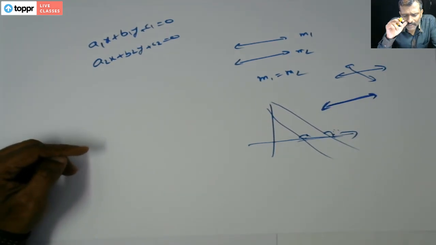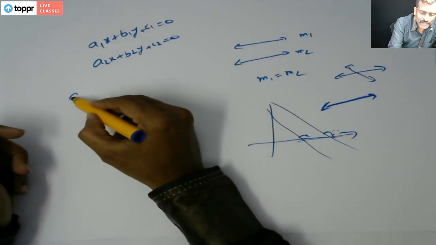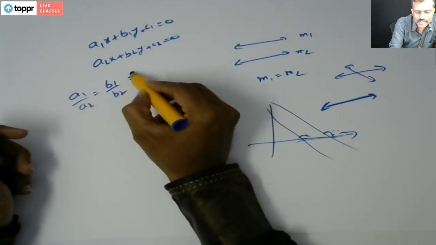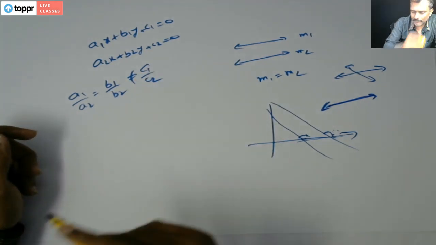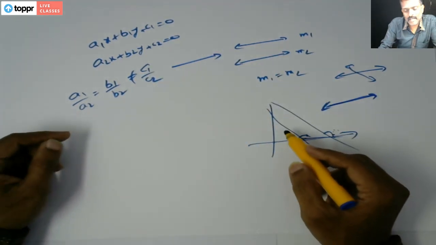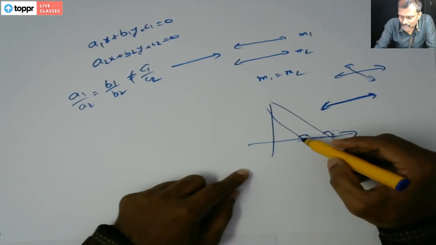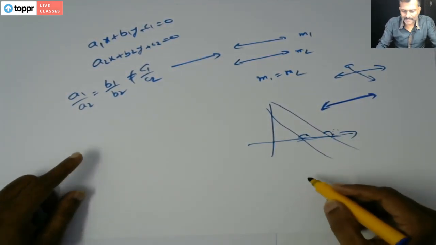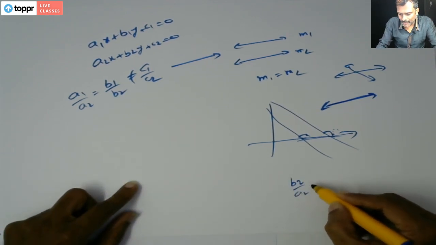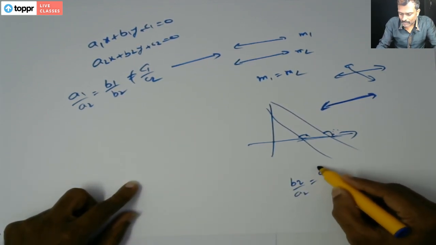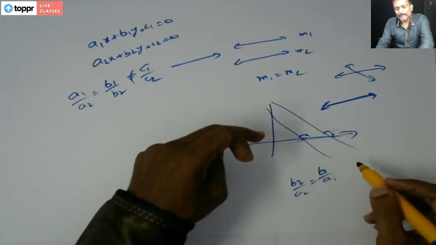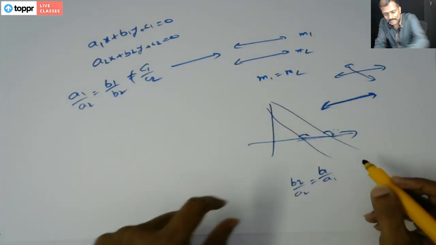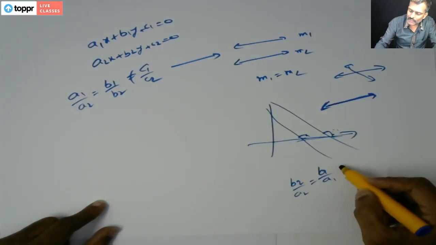So what are the conditions for this? When a1 by a2 is equal to b1 by b2, which is not equal to c1 by c2, that means the two lines are always parallel. If you see here, a1 by a2 and b1 by b2, if you simplify it, it's simply b2 by a2 is equal to b1 by a1. b1 by a1 is nothing but the y variance and x variance, and this by this will give the slope, right?